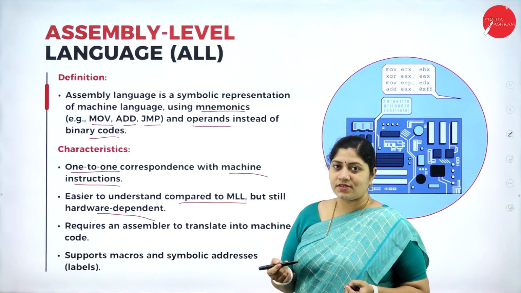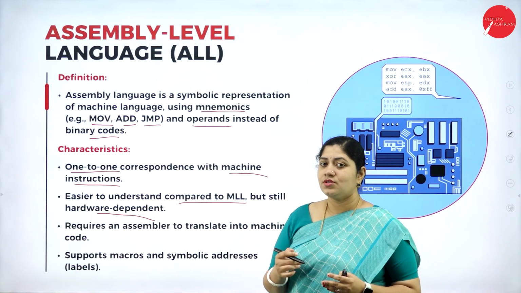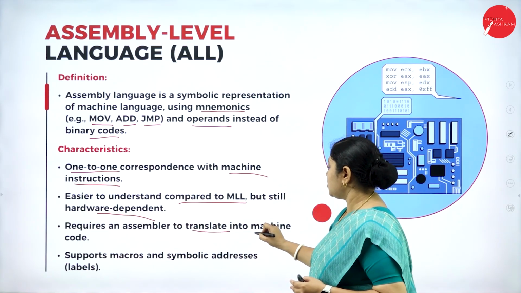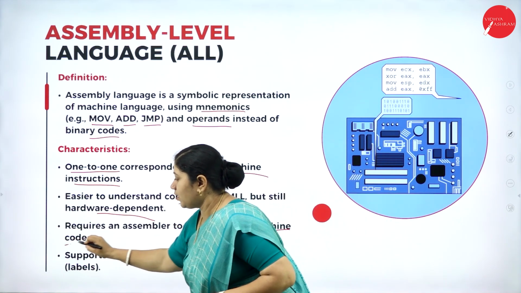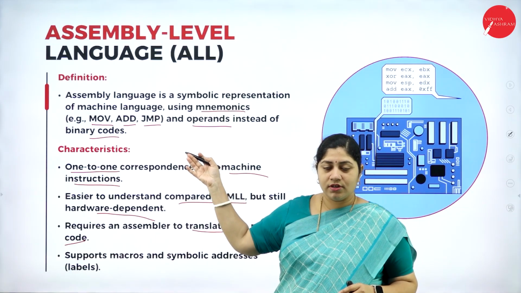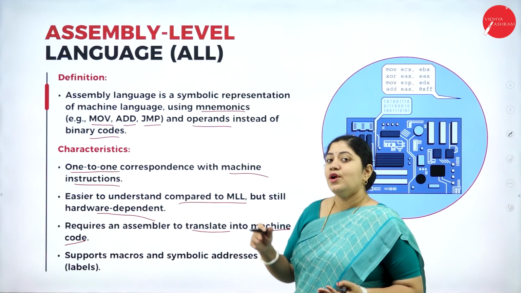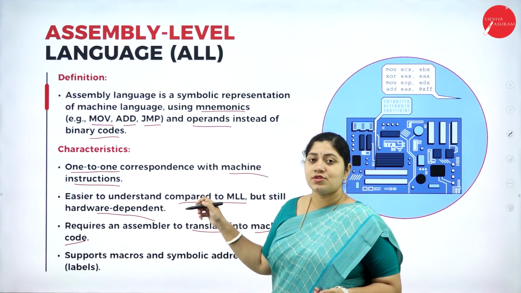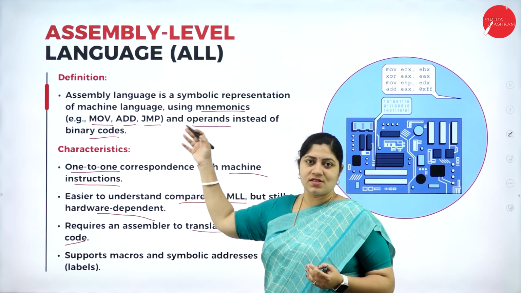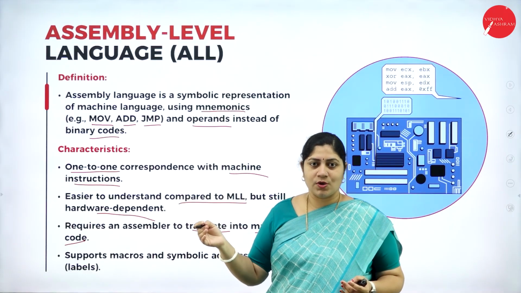Up next characteristic is that it requires a translator, isn't it? So yes, it requires a translator to translate it into machine code. Okay, assembly level language will be in the form of letters itself, correct? There we do need an interface, which is a translator. So a translator is required in order to translate the assembly language words like MOV, JMP into the machine language codes. Okay.